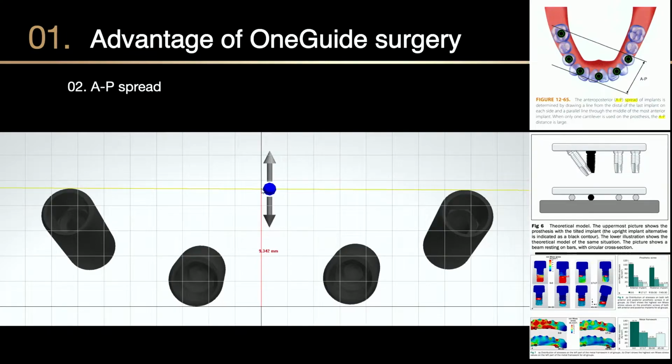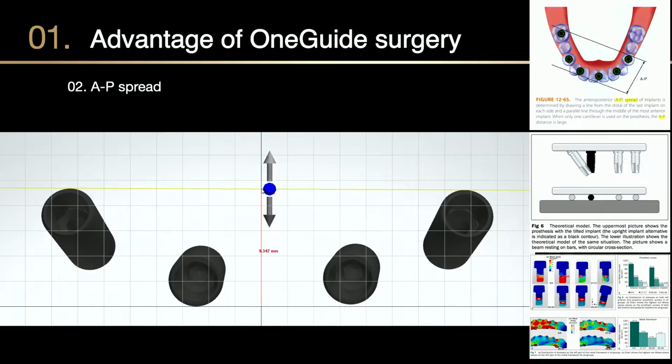This is AP spread. We need to utilize cantilever to some degree. When you do surgery in analog ways, it is difficult to measure using a ruler, but when you do digital dentistry, you can look at the different measurements.